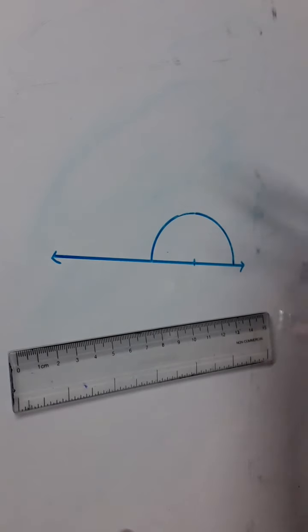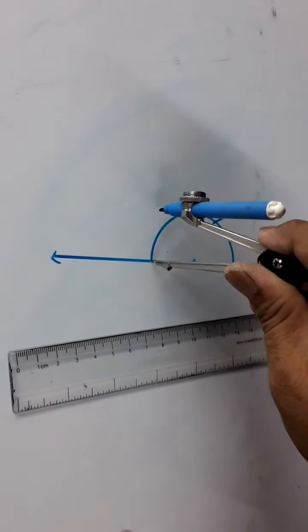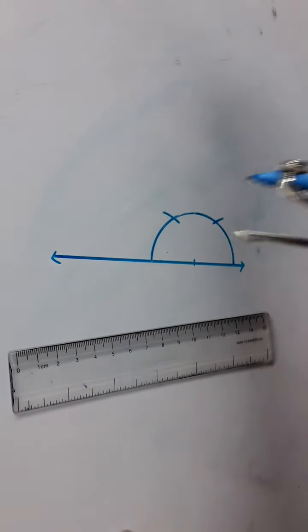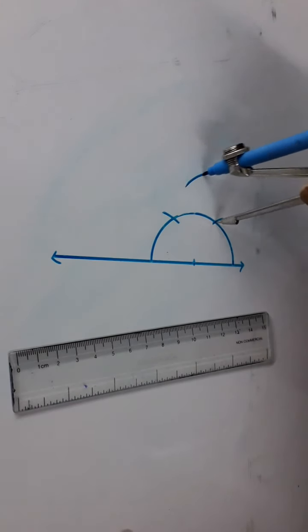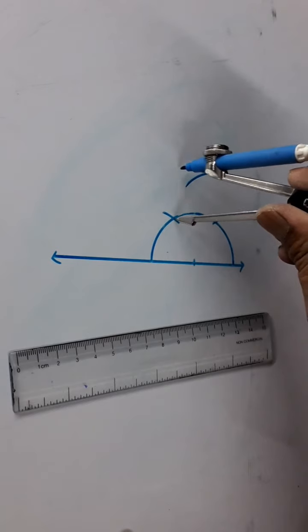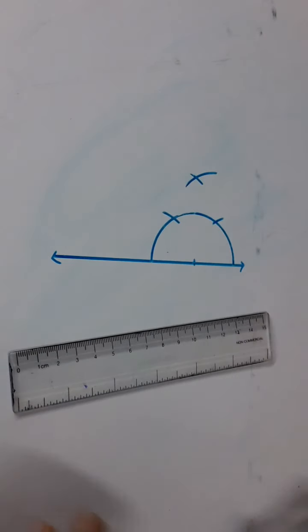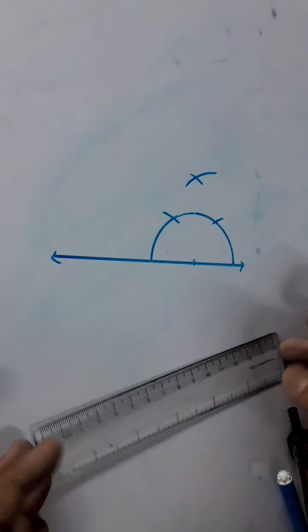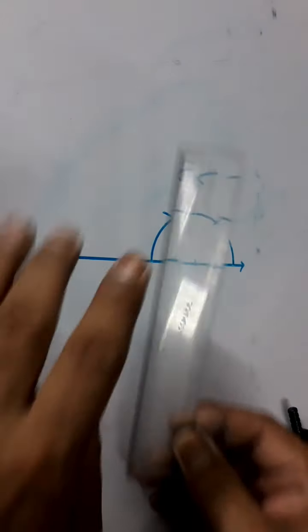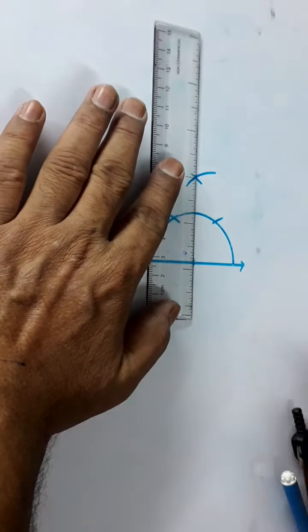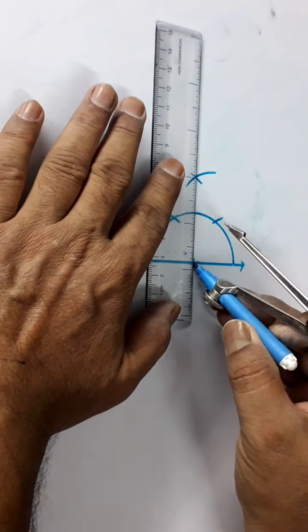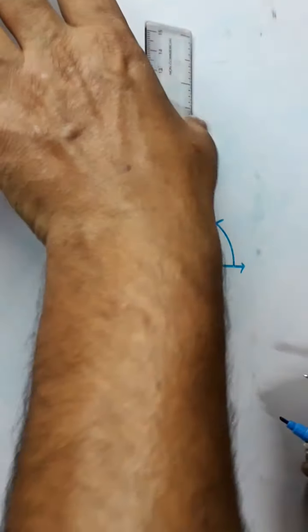Now from this point I have cut an arc. From this point I have cut another arc. Now we will draw another arc from this point and another arc from this point. No need to take tension what should be the radius of the arc. Now we will join these 2 points to make an angle of 90 degree.